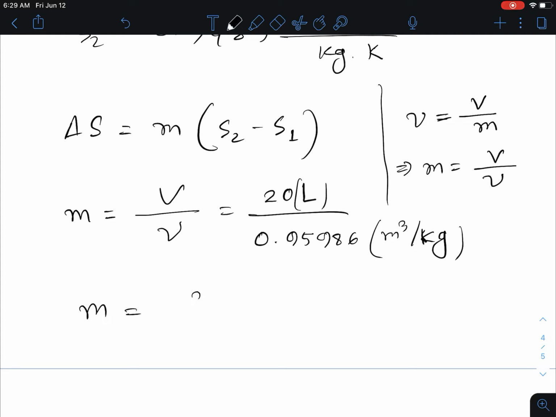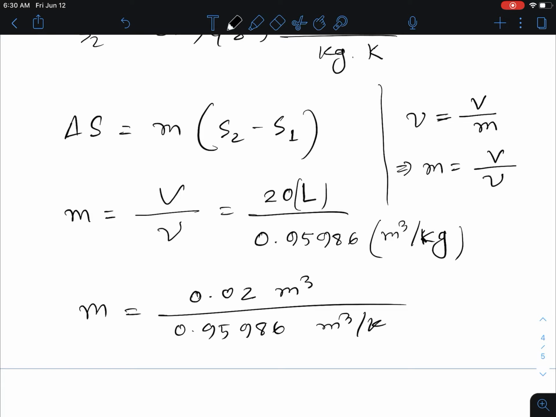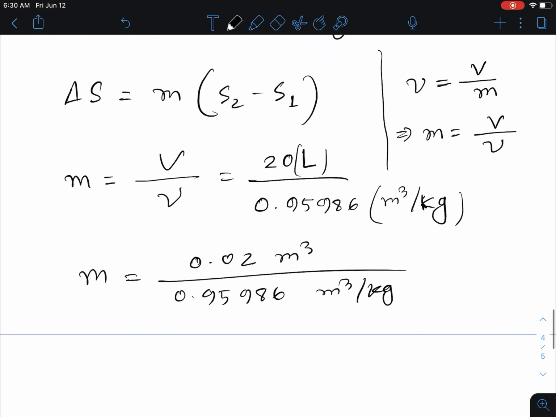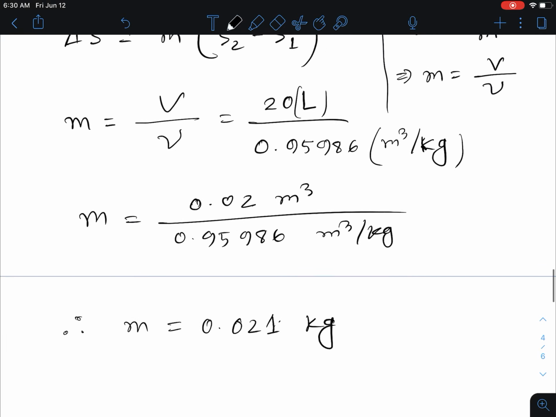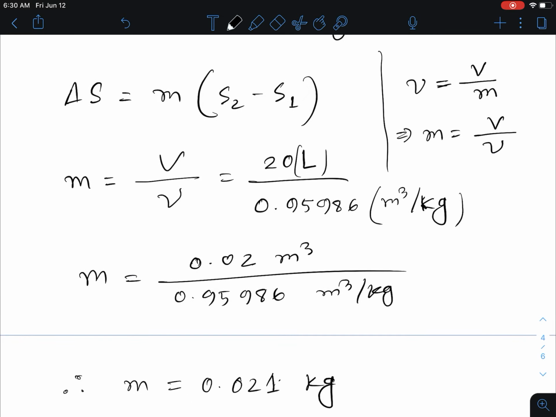If we convert 20 liter to meter cube, we divide by 1000, so it will be 0.02 meter cube over 0.95986 meter cube per kg. So now we get the mass of the system equals 0.021 kilogram only, right? So we have the mass, and we have the entropy for state 1 and state 2.